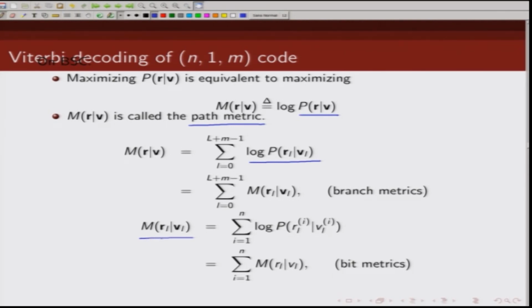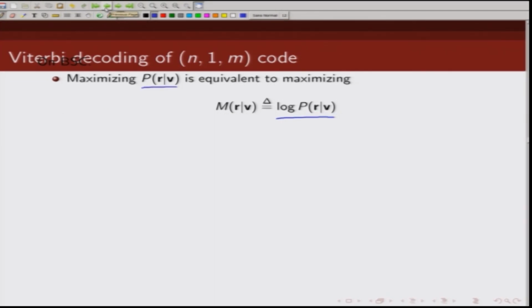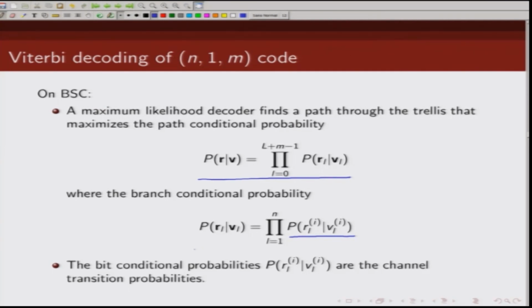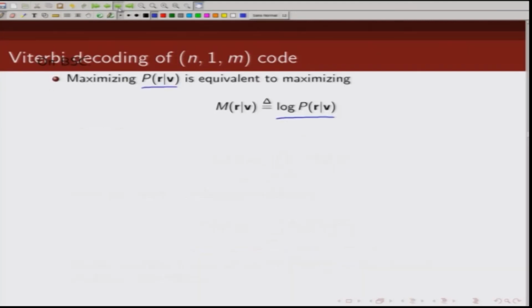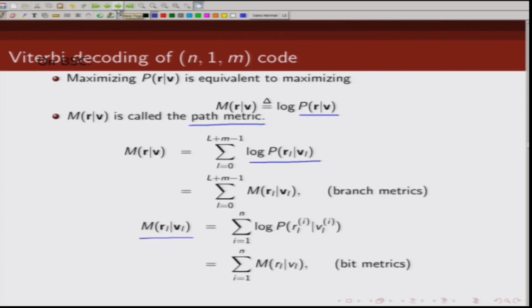We know the probability of Rl given Vl is given by this expression. If we take a log of this, again this product term becomes a summation. So, you can see we can conveniently write the path metric as a sum of branch metrics, and the branch metric as a sum of these bit metrics.